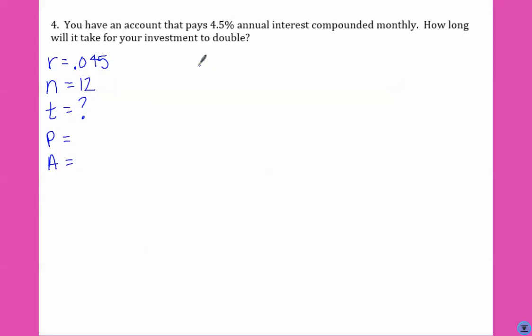So here's what we know right now. A has to equal P times (1 + 0.045/12) to the 12t power. Now, you can pick any number you want for A and for P as long as A is double what P is.